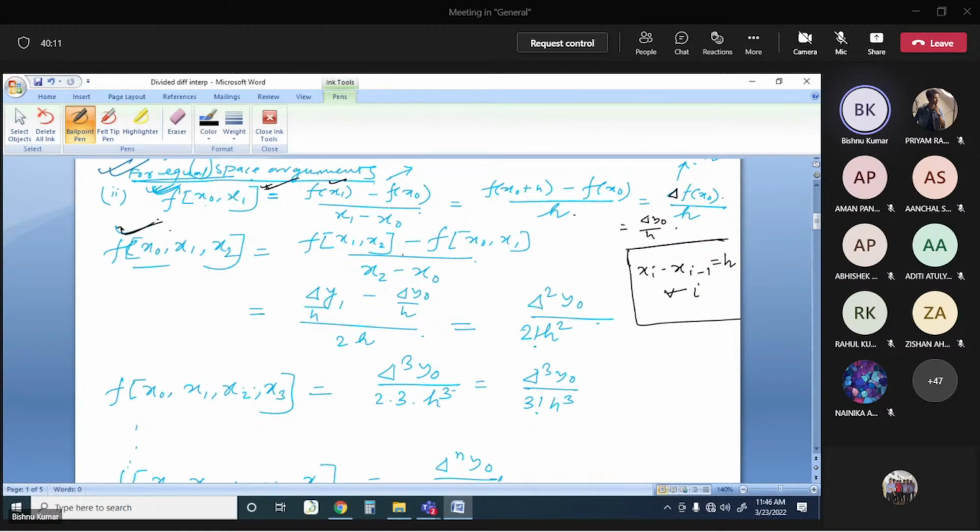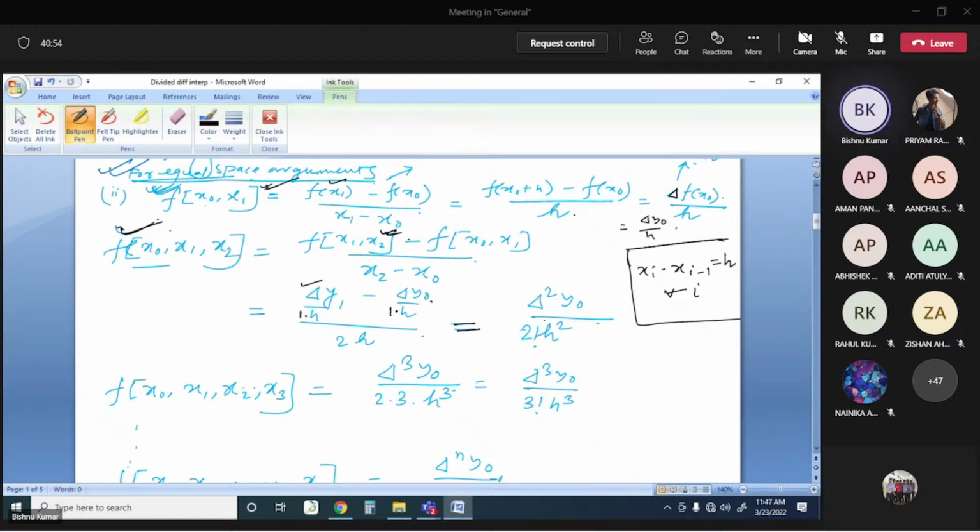In terms of the forward difference operator, it is del y1 by h minus del y0 by h, divided by h. Below it, it will be 1 into h times 1 into h, and when I do the calculation again, below it will be 1 into 2, that is factorial 2, to get the nature of variation for higher orders. Above it, del y1 minus del y0 is del square y0. So below it is factorial 2 h square.